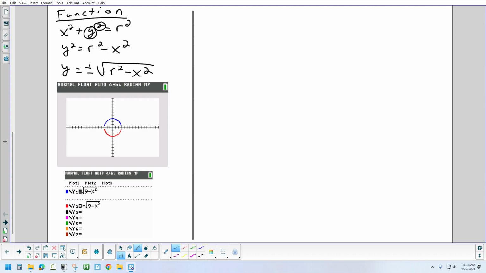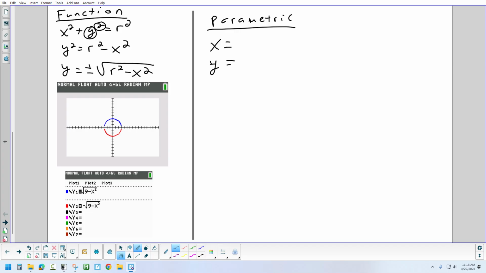All right, now let's go to parametric. When we do parametric, how many equations do you have to type in to get a single picture? 2. The first equation is for the x's, and the second equation is y.